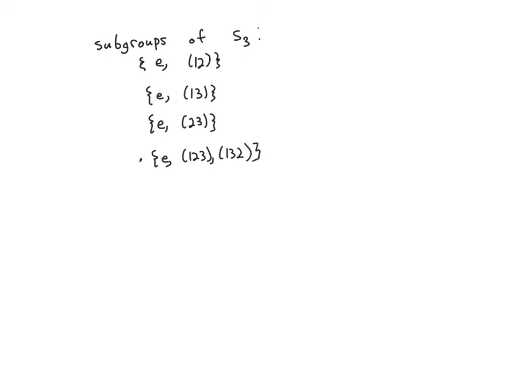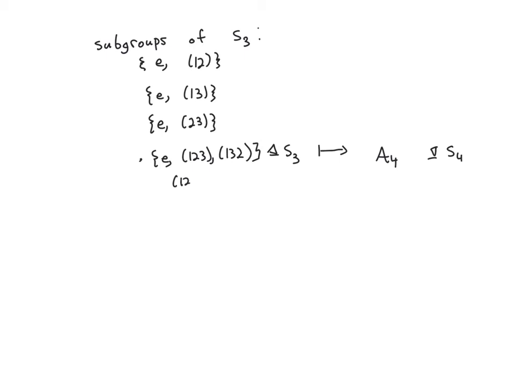This particular group here is actually normal in S3. So by the fourth isomorphism theorem, this is going to correspond to a subgroup in S4 that is normal. It turns out you can check it ends up being A4.